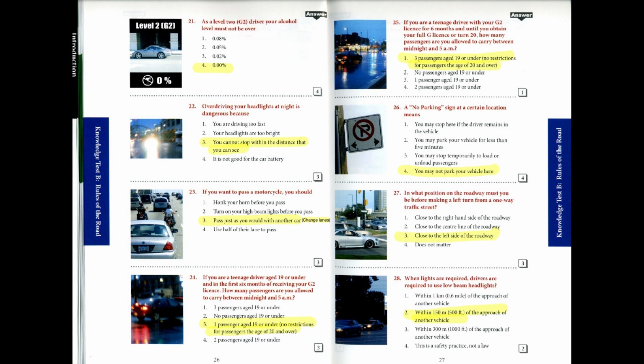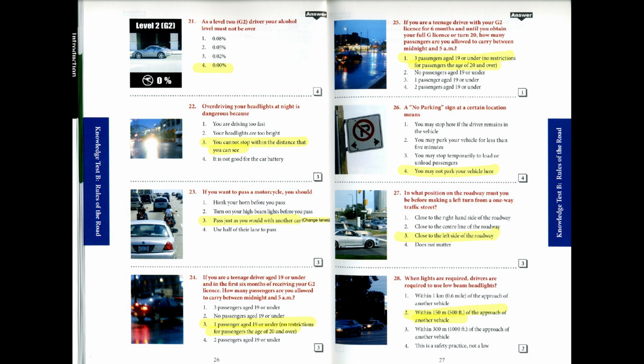Number 21. As a Level 2, G2, driver, your alcohol level must not be over 0%. Number 22. Overdriving your headlights at night is dangerous because you cannot stop within the distance that you can see. Number 23.